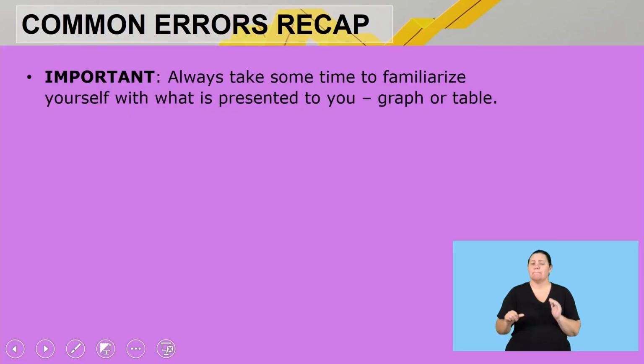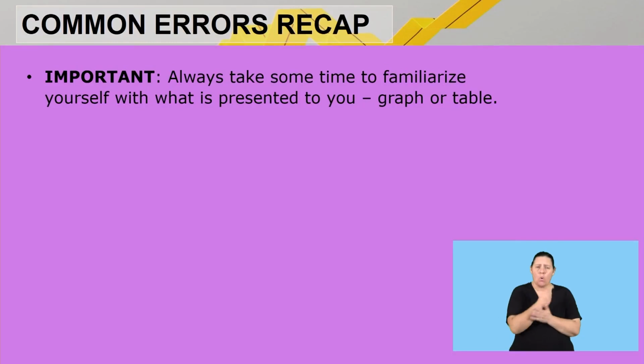Then common errors that you should avoid, or things that you need to focus on that are important in terms of interpreting and analyzing graphs and tables. So I indicated here, always take time to familiarize yourself with what is presented to you, whether it's a graph or a table.